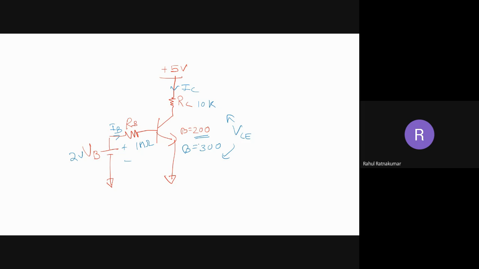How will we calculate? We already know that we can calculate IB. IB is nothing but VB minus VBE, the base emitter voltage, divided by RB. VB is 2 volt, minus VBE, that is 0.7 for silicon, divided by RB, that is 1 mega ohm. This is approximately equal to 1.3 microampere.